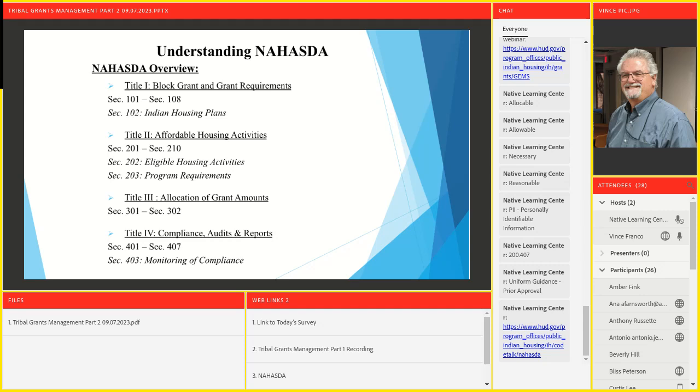And also in section 2, Indian Housing Plan, part E, talks about TDHEs. Now, that's an acronym. If you've never heard of it, TDHEs are tribally determined housing entities. It can be and is most of the time a separate nonprofit entity under the umbrella of the tribe.